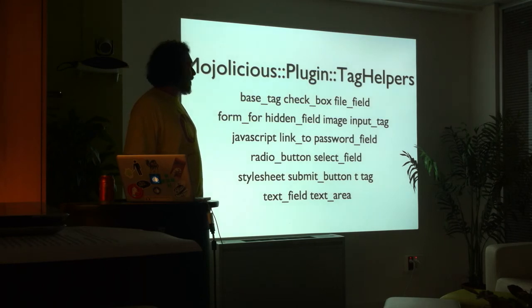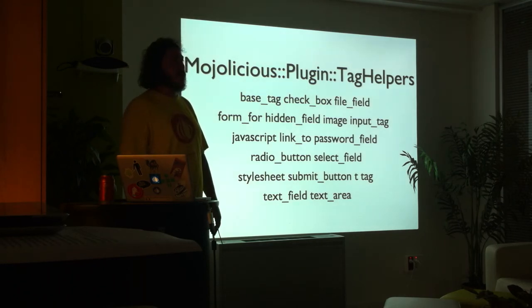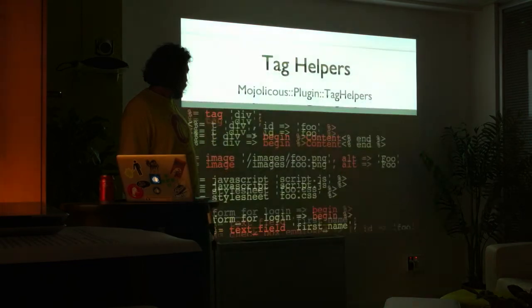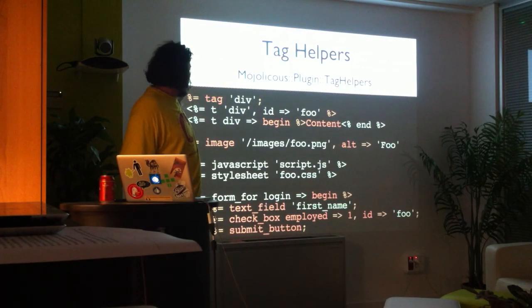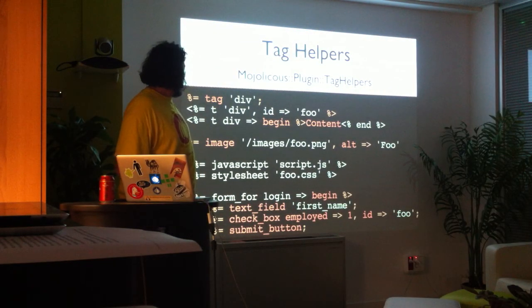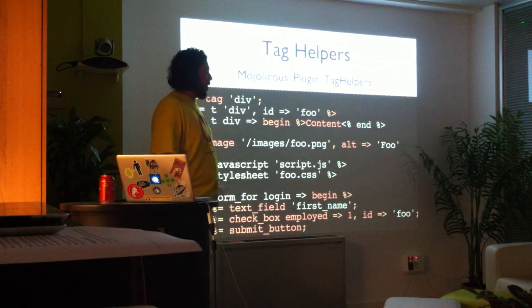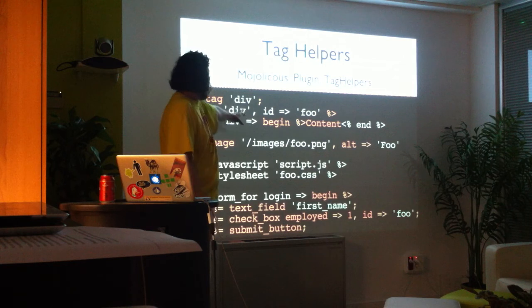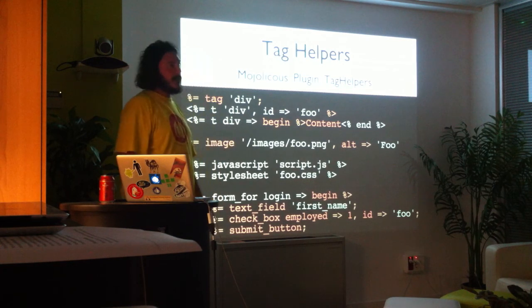And there are tag helpers. Tag helpers are specialized for HTML5. So you have the most common ones, and it's really easy to add new ones. And you use them in this way. You can say tag div and it will open a div tag. You can say t div and it's the same. t is an alias for tag.